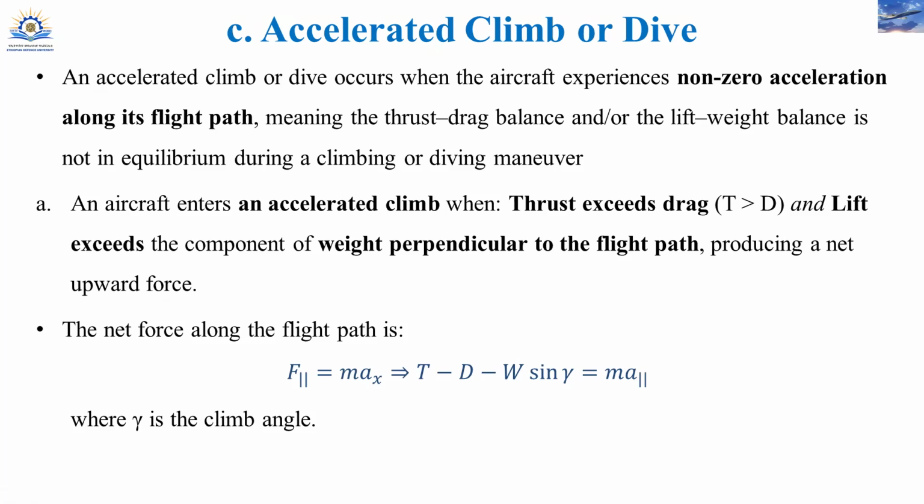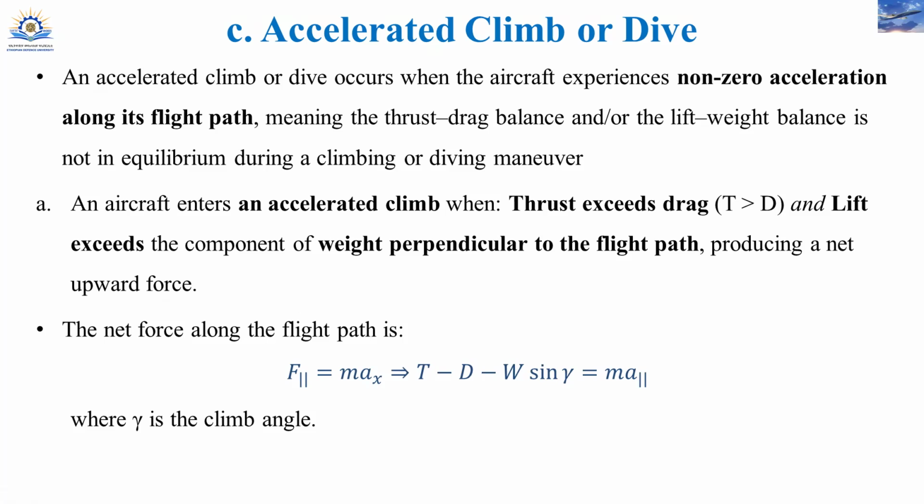So in the case of accelerated climb or dive, actually accelerated climb or dive are also another maneuver flight type. During accelerated climb, it needs excess thrust or excess power. During dive, it will operate in opposite.